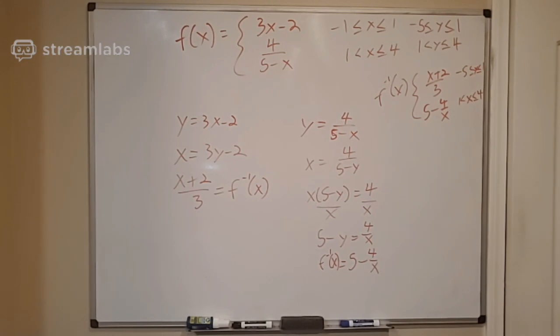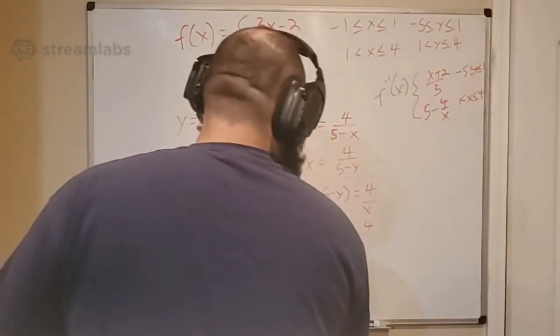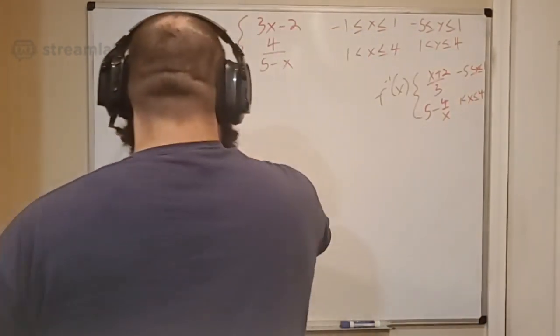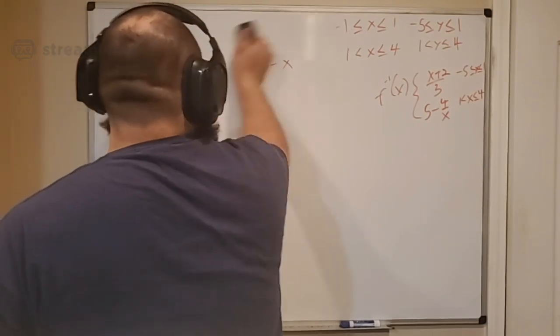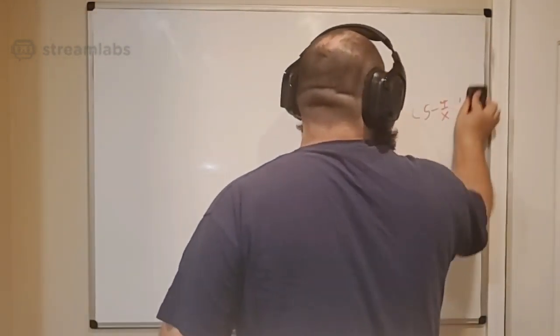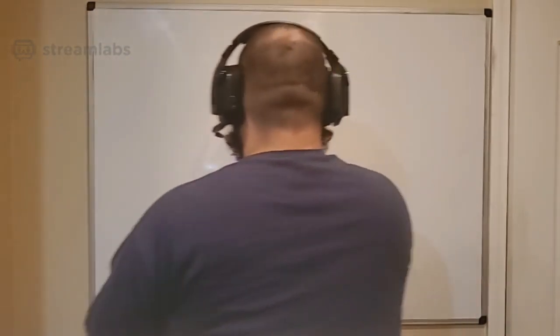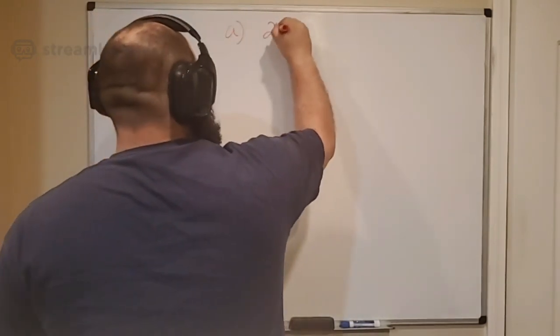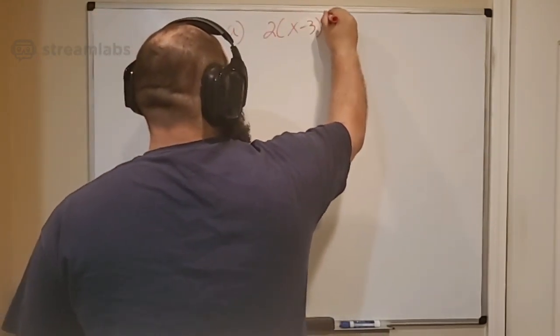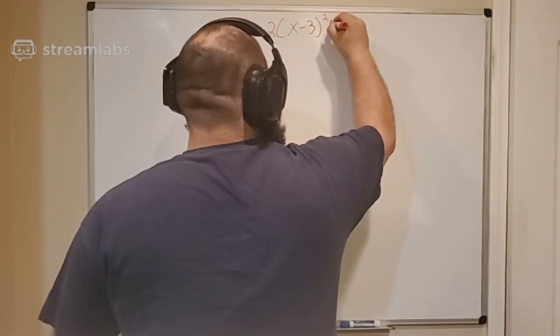So the first thing is you have to have done A correctly in order to be able to find the inverse, because remember I gave you the hint, you're not going to be able to do the inverse if it has like 2 x's or 2 y's and things like that. So you will need to do it from the factored form. So for part A, your answer should have been 2(x - 3)^2 - 5.